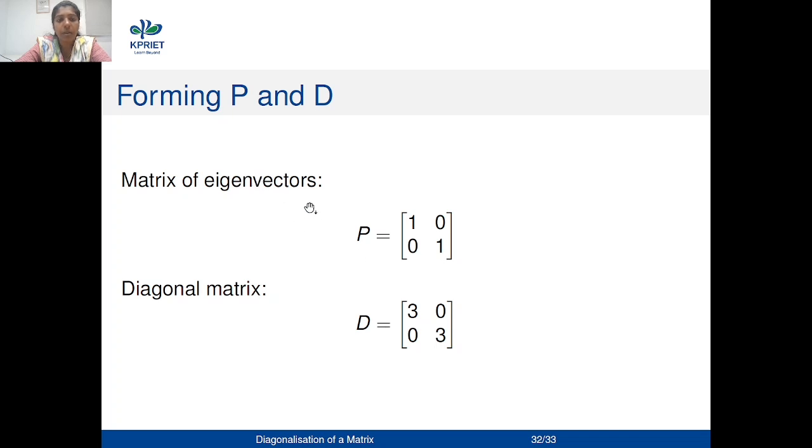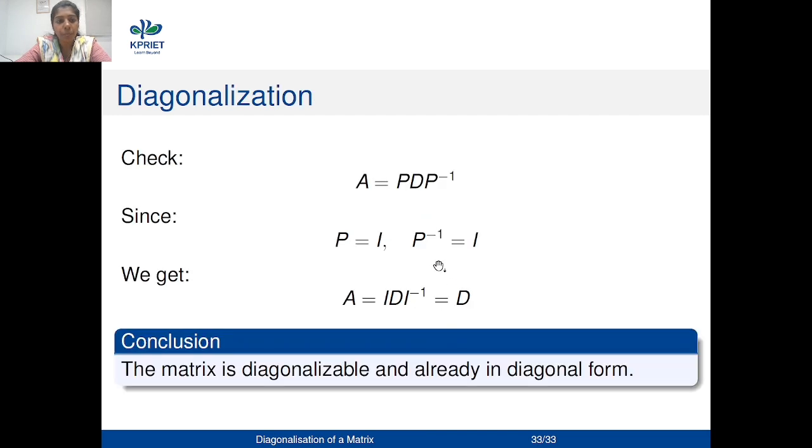Since it is diagonalizable, let us construct the matrix P. This matrix P is constructed based upon the eigenvectors 1, 0 and 0, 1. And we know the diagonal matrix D is the matrix where the diagonal elements are the eigenvalues of the given matrix. So in this case, for this problem, the diagonal matrix is 3, 0, 0, 3.